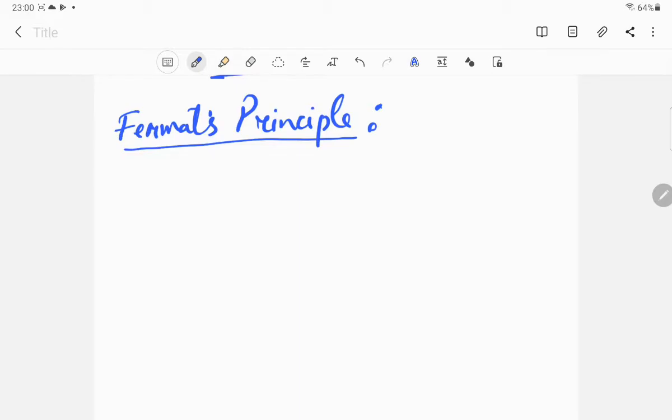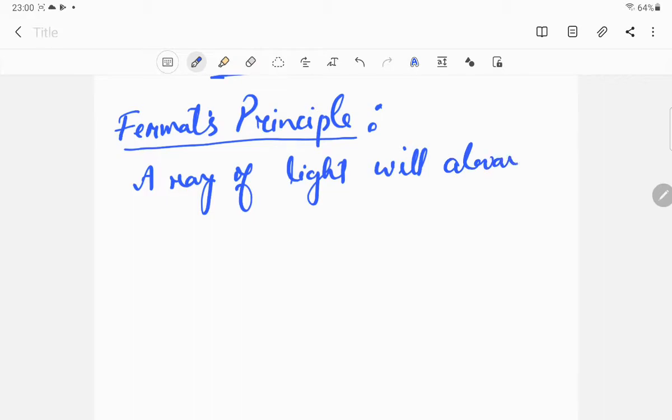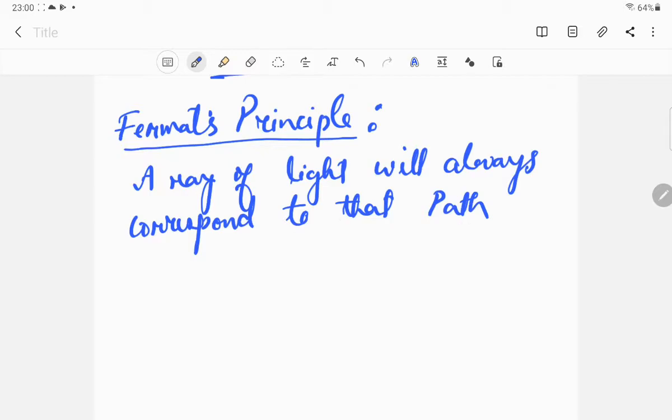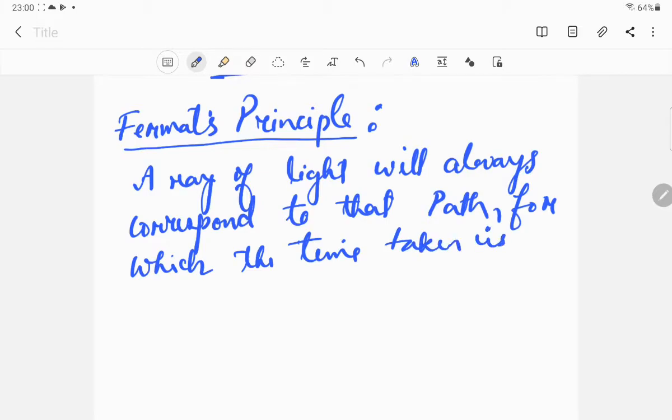According to Fermat's principle, a ray of light will always correspond to that path for which the time taken is an extremum. So what does it mean?